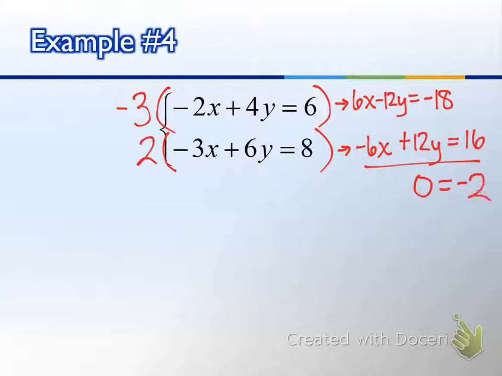Very good. When we combine, the x's eliminate, but then so do the y's. They also eliminate. So we are left with 0 equals -18 plus 16, which is -2. Therefore, we have a false statement, which means there's no solution.